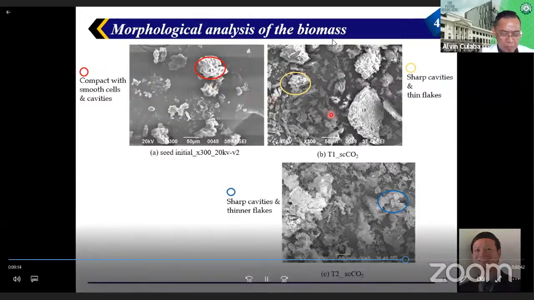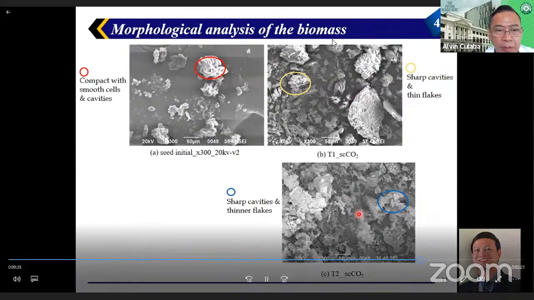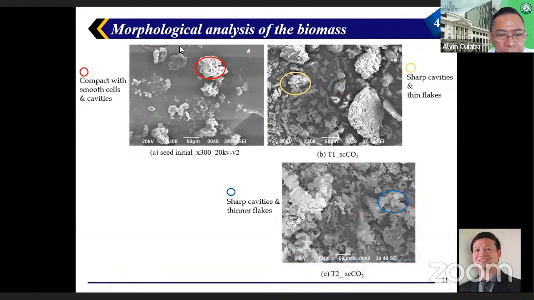Scattered cells after extraction and sharp cavities were observed in figures B and C, suggesting the disruption of the cell wall. The difference in morphology of the spent biomass between treatment 2 and treatment 1 is quite distinct. Treatment 2 has more fine flakes, indicating an enhanced interaction of bulk solvent with the seed matrix, thereby increasing the recovery.